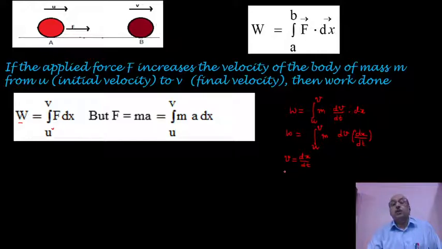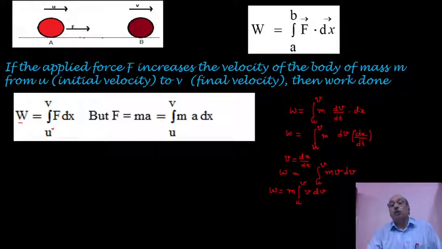So we may write here W is equal to the integration from u to v of m v dv. The mass of the object remains constant, so m is taken out from the integration sign. So it is the integration of v dv.